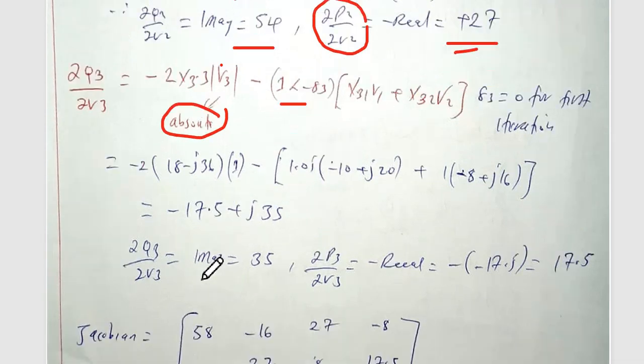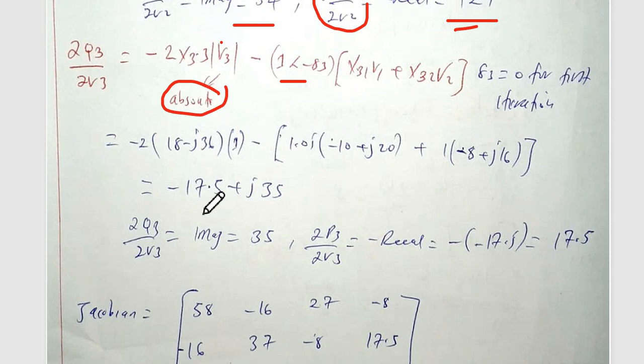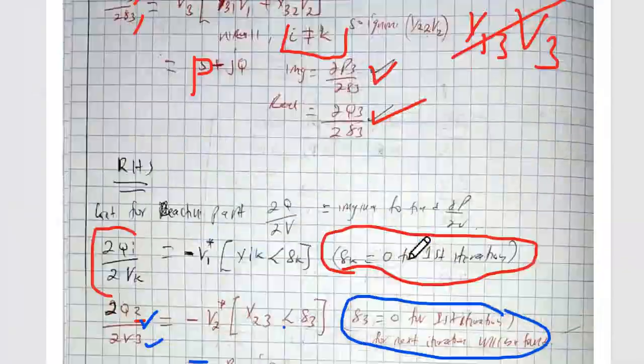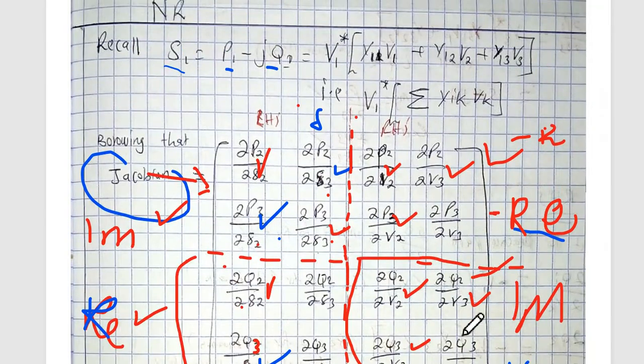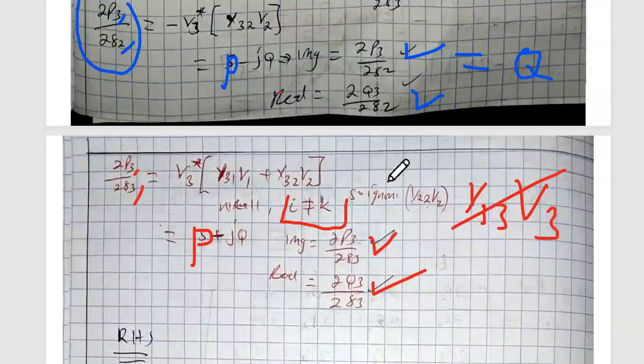You just have negative 17.5 plus j35. Imaginary is just picked the way it is. Then the partial P3, which is up there, is the negative real because it falls here. So you'll get this imaginary and then this negative real. So we'll have solved this.